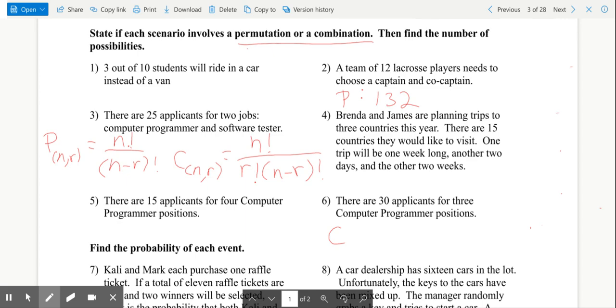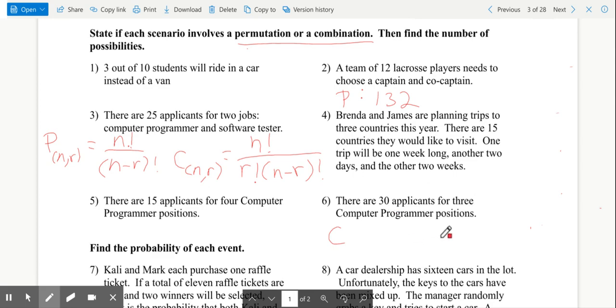So in the 1, 2, 3 example I had at the beginning, we had 3 combinations and 6 permutations. So it makes sense that this should end up being a smaller number. So the only difference here is this R factorial in the combination formula.